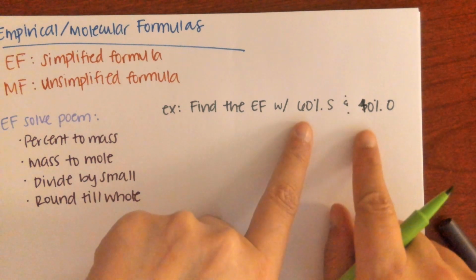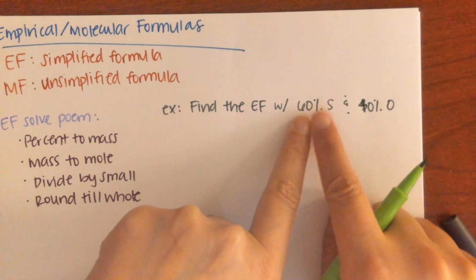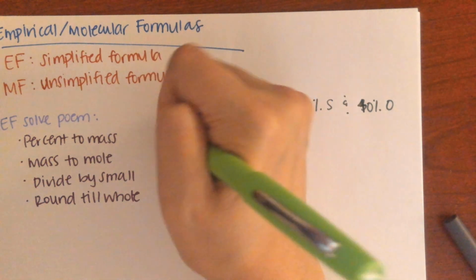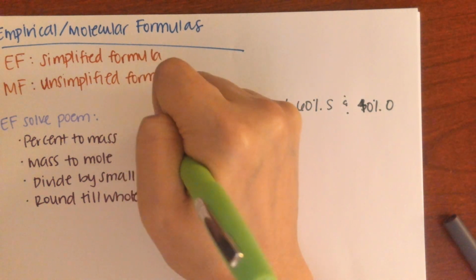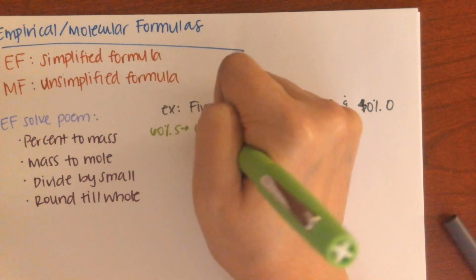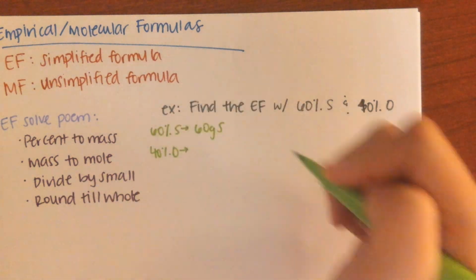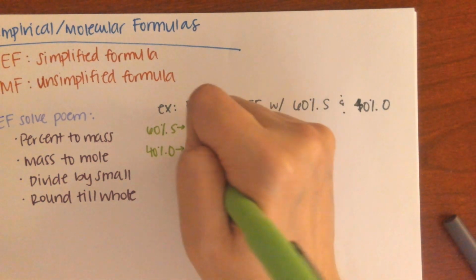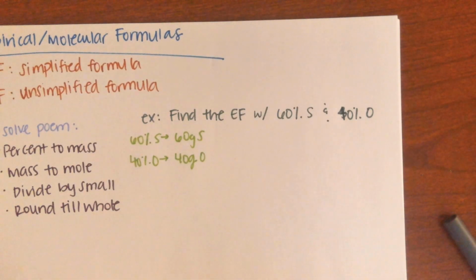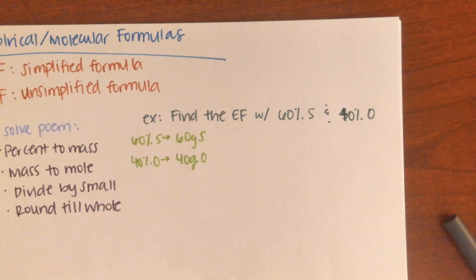So percent to mass, always assume out of 100, which makes sense. So 60% out of 100 grams. So 60 grams of sulfur, 40 grams of oxygen. So 60% sulfur would be 60 grams of sulfur. 40% oxygen, 40 grams of oxygen. And honestly, you don't even have to do this part. Just change to grams, just literally change the units.